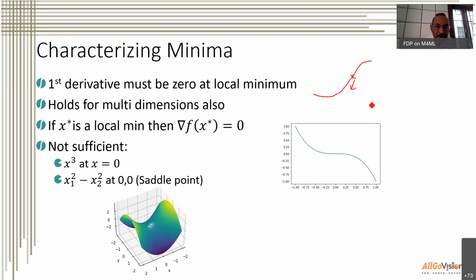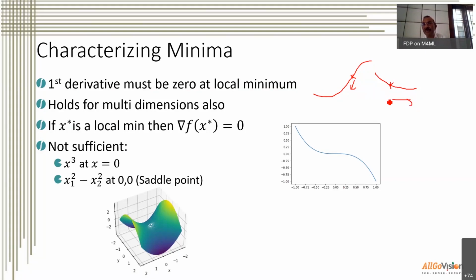Similarly, if the derivative is negative in one dimension, then the function is decreasing as x progresses. So I am in a situation like this. I'm sitting here, and the derivative is negative. So as I increase x, my function value is decreasing.